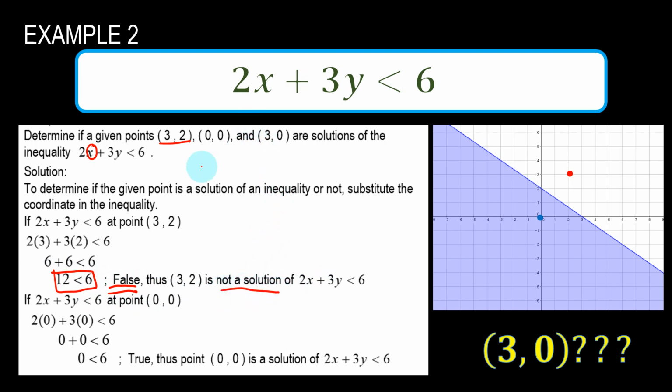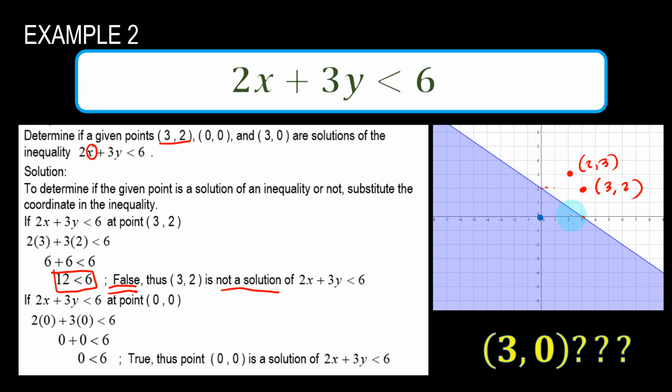And again, the 3 and 2 is here. So if we plug the 3, again the x is 3, and the 2 is our y. So here is the real point, so 3 and 2. And if ever we have another point, here 2 and 3, still it's not part of the solution.